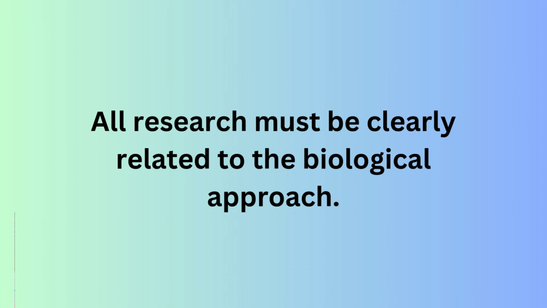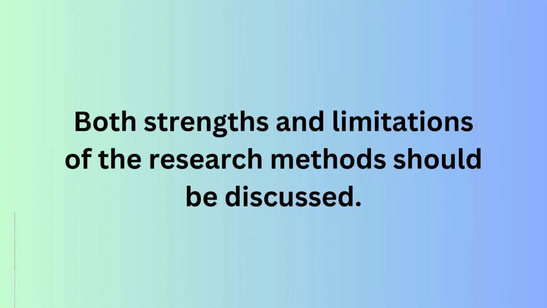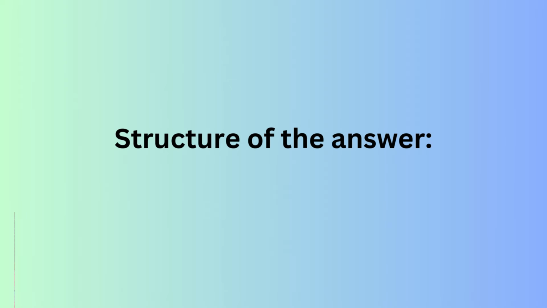And last, both strengths and limitations of the research methods should be discussed, because the main idea is that we need to evaluate the strengths and limitations of the research methods and not just of the study. Now let's see the answer here.